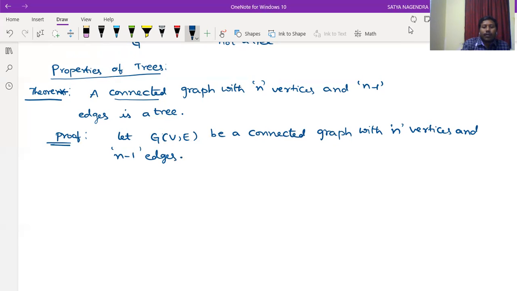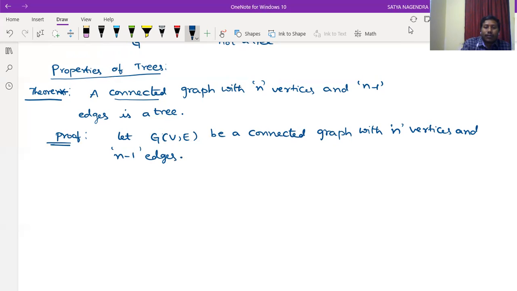Okay, so when you can say that a graph G is a tree, it must be connected and it doesn't have any cycle. A connected acyclic graph is called a tree.